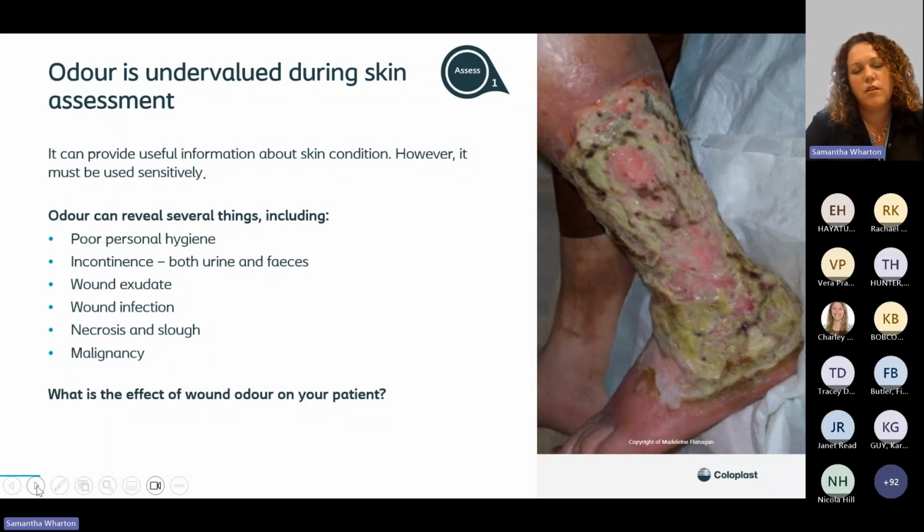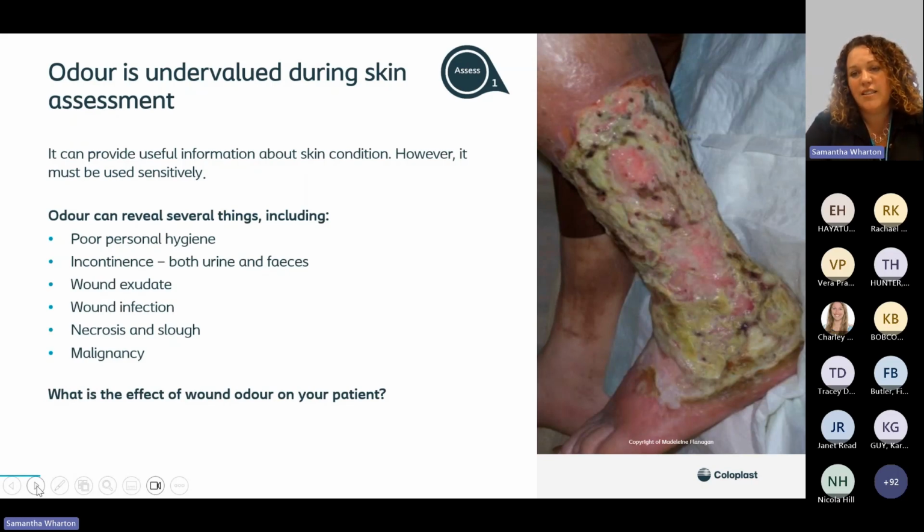Also, odour can tell you things about the type of infection. So if I say Pseudomonas, everyone, if you've seen or smelt Pseudomonas, straight away it's got a very distinct smell. The same with malignancy. I think it's quite a sweet and a different smell. And once you've smelt it, it's quite distinctive. So certain wounds, malignant wounds, will have a certain smell.